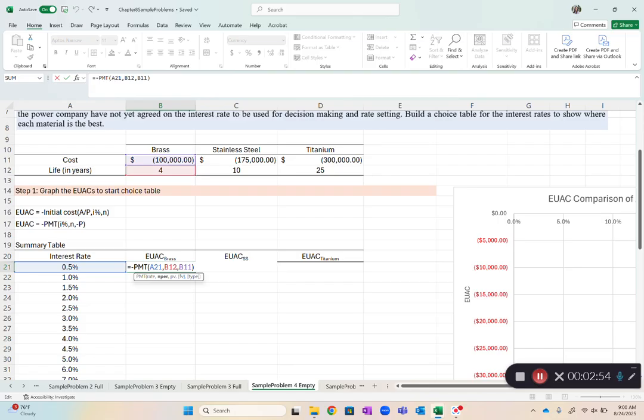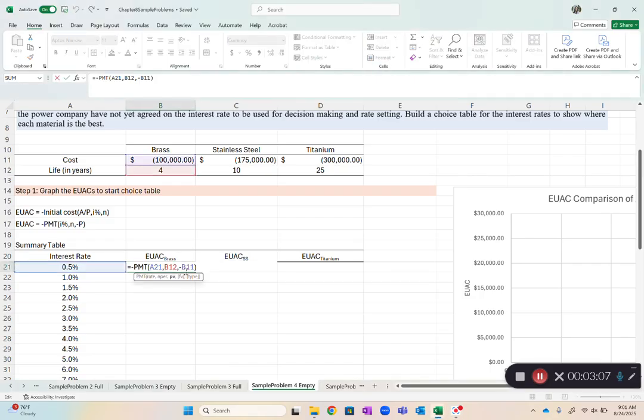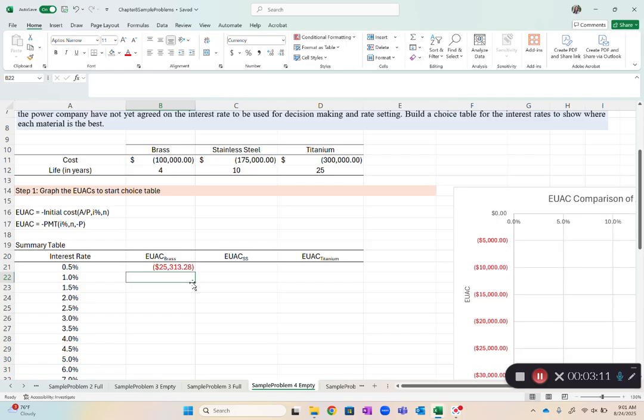Okay, that is correct. You'll notice I just made that positive. It doesn't really matter. Realistically, this means it's a negative, so this is going to be a cost every year. That makes sense, so that's why it looks negative.